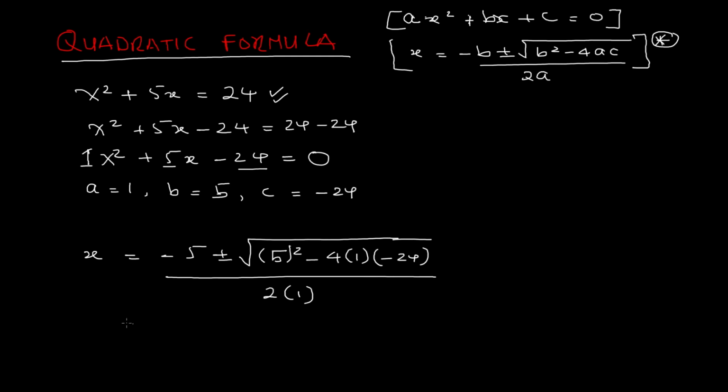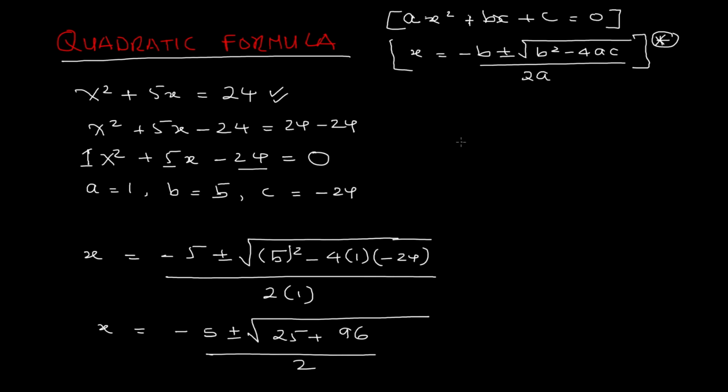So x, we continue to give us minus 5 plus or minus, like that. Then we expand the contents of the radical sign here. So we have 25 minus 4 times 1, that's minus 4. Then minus 4 times minus 24 gives us plus 96. Then we still divide by 2 here.